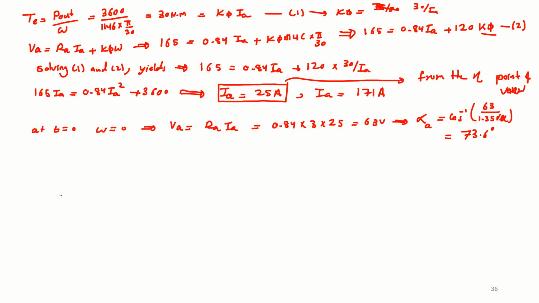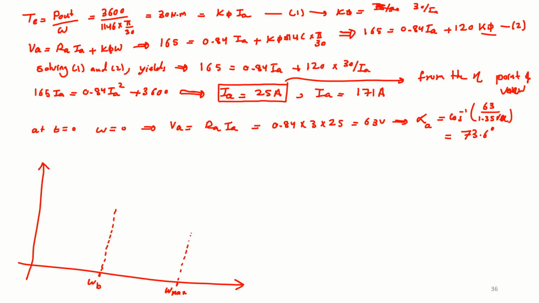So now let's try to plot. Let's assume this is omega base. Let's assume that this is the omega max, and let's project those two lines here. If we still remember, for the alpha f, it was something like this.